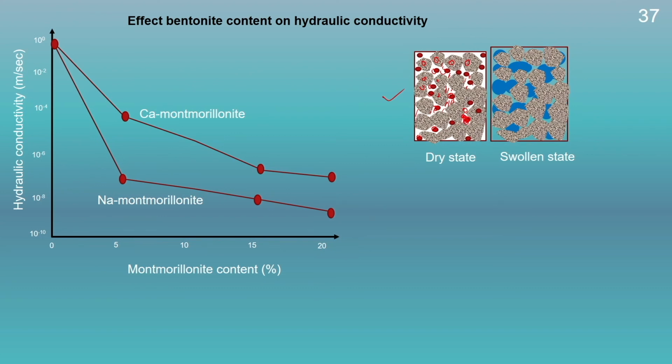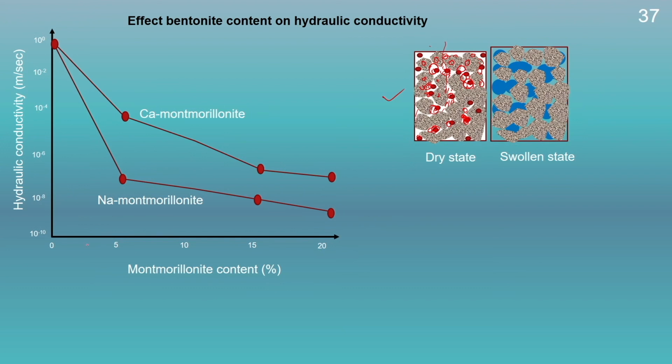As the volume of this soil starts to increase, it will start to occupy the space between the individual grain particles, or it will start to fill these macropores. As it starts to fill the macropores, the hydraulic conductivity will start to decrease.